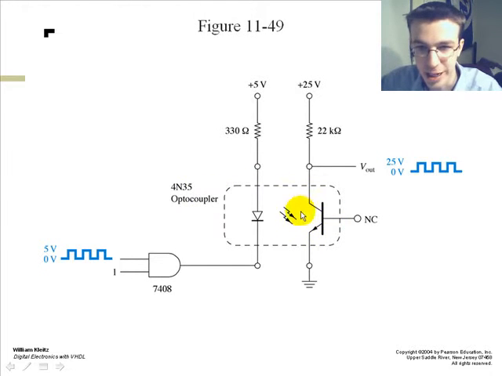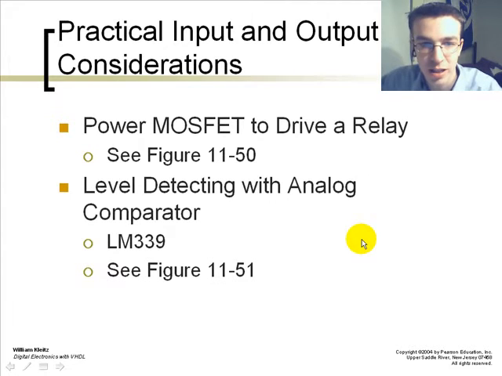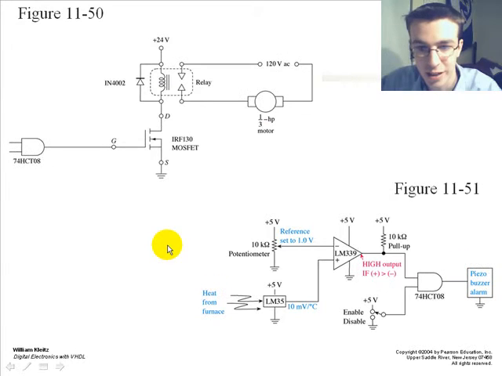And this is your optocoupler type of circuit. There's also power MOSFET uses to drive a relay and level detecting with analog comparator, such as the LM339. This is described here, the LM339 to the piezo buzzer alarm.